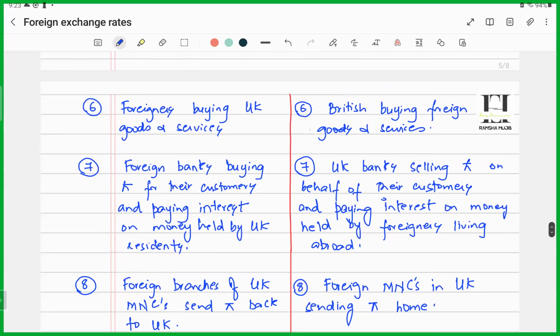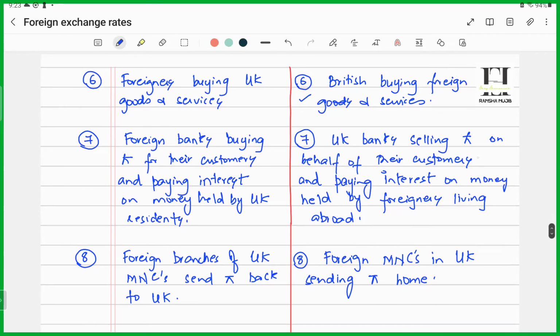Similarly, who would be selling pounds? Britishers who are buying foreign goods and services. If they want to pay for their imports, they would be converting their pounds. Or UK banks who are selling pounds on behalf of their customers and paying interest on money held by foreigners who are living abroad.